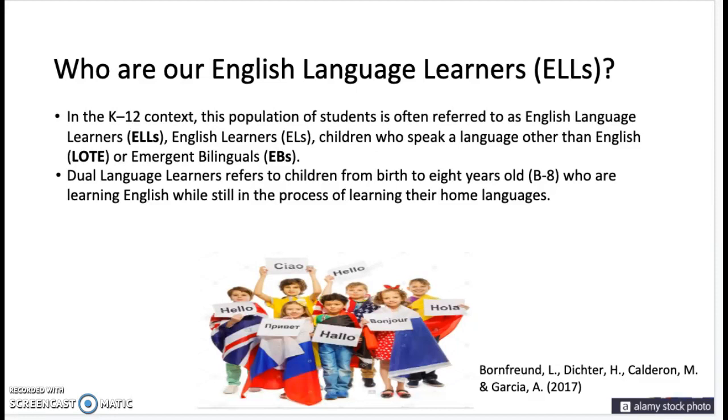So this views bilingualism as an asset rather than a deficit. Research does state that students must develop their languages simultaneously in order to transfer skills, and to avoid removing their home language from their linguistic repertoire. So you want to focus on building the languages simultaneously rather than putting all of the focus on acquiring English.